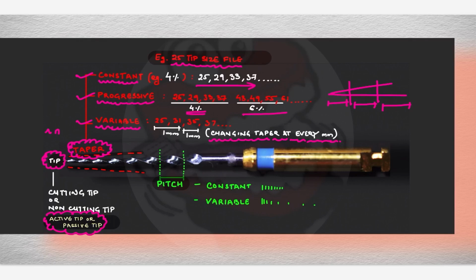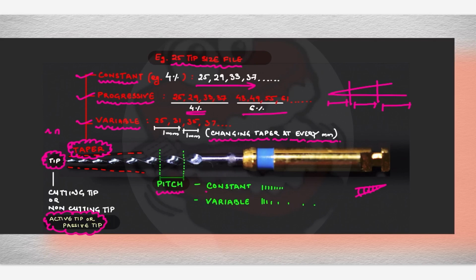Now the third thing that we talk about is the pitch of the file. The pitch of the file means the segment or the rim of the file. For example, you have seen a screw which you hit with a hammer and that screw goes into the wall. This screw has different types of rim at an equidistance.